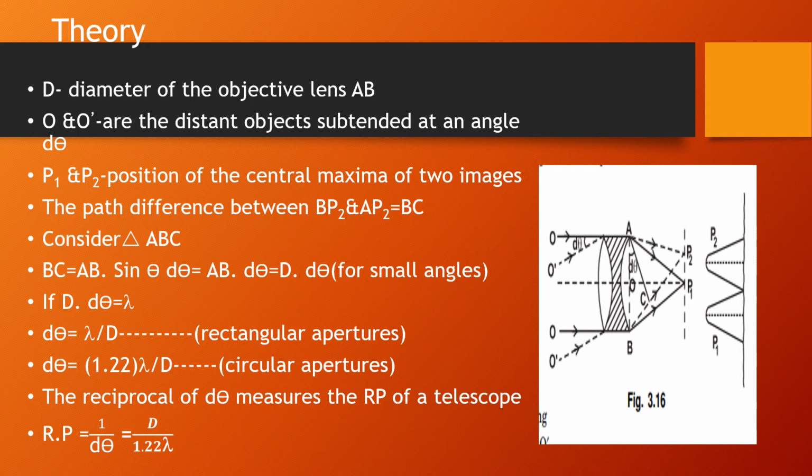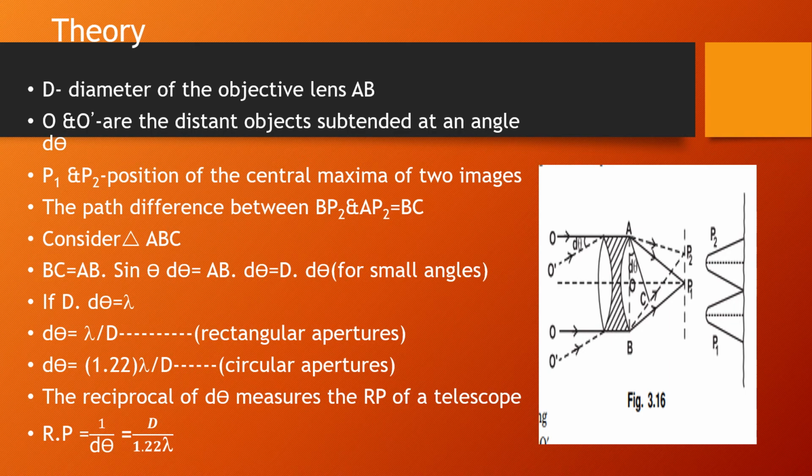And if D d theta is equal to lambda, then d theta is equal to lambda by D. This condition holds good for rectangular apertures.